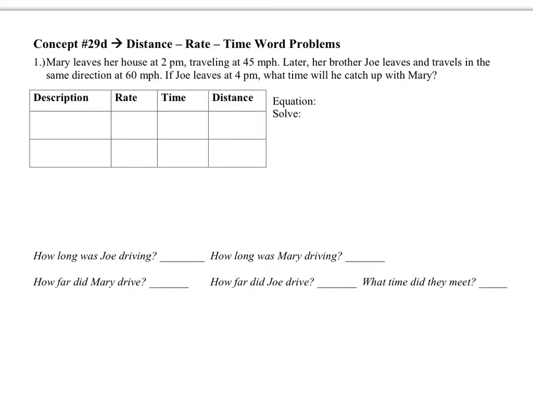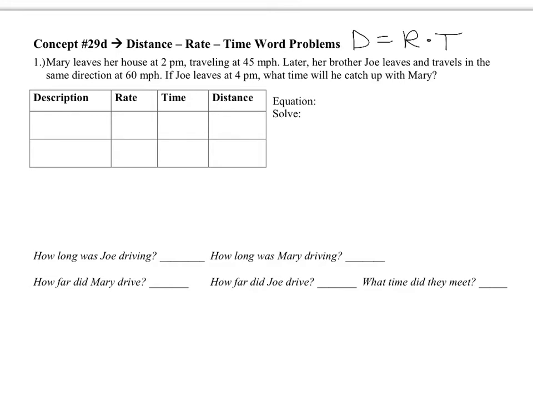So at the top of your paper, let's just write that equation. The equation is D equals rate times time. So D equals RT. That's going to be really helpful when we do these problems.